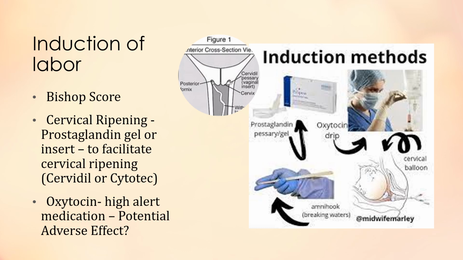We oftentimes will give that rectally, but a much, much higher dose than we give to induce labor. Another interesting thing that you'll notice when you're comparing: Cytotec and Pitocin are both medications that we give for inducing labor.